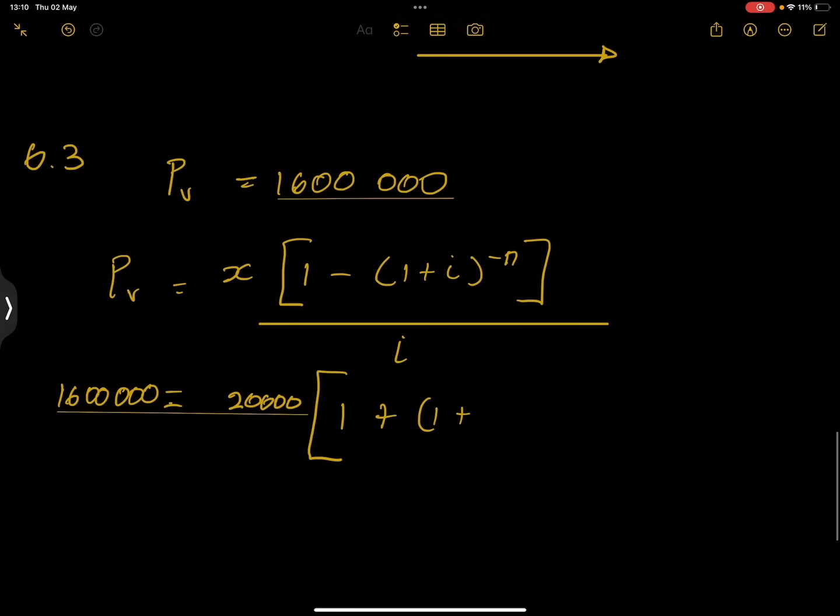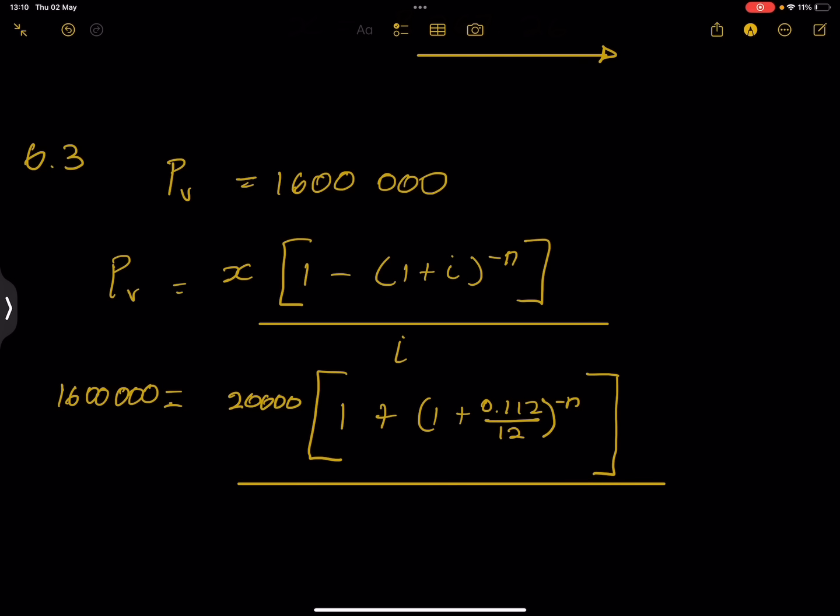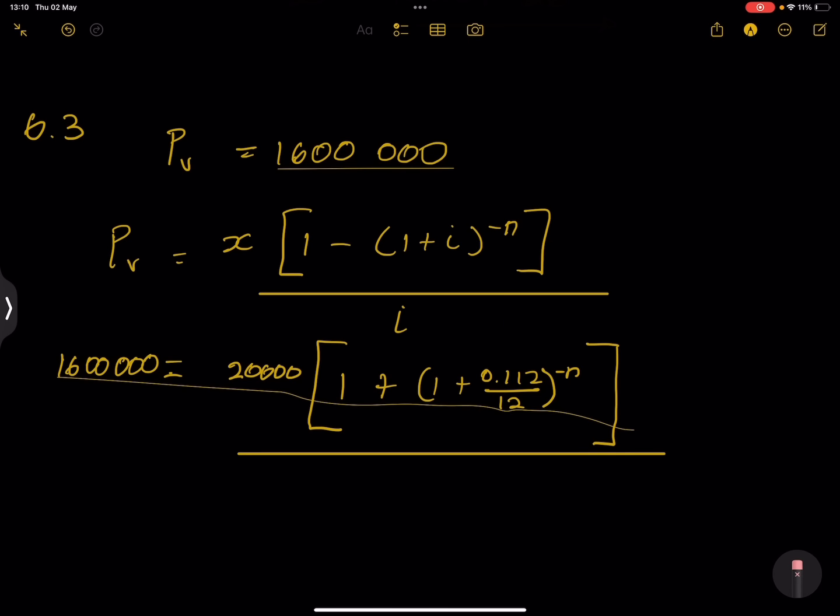So that would be 0.112, divided by 100, isn't it? That would be 12, that's our interest rate in this case, compounded monthly, and this is divided by 0.112 over 12.